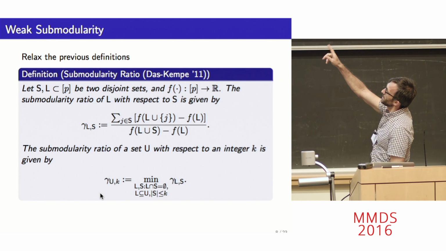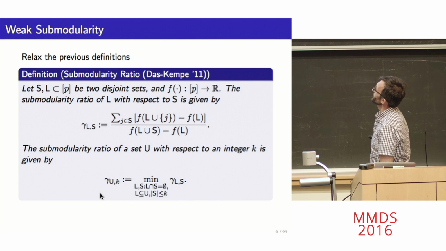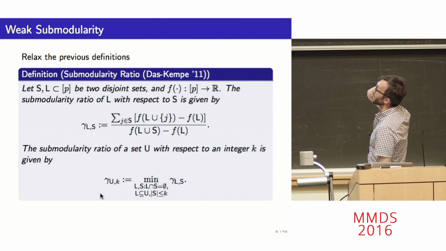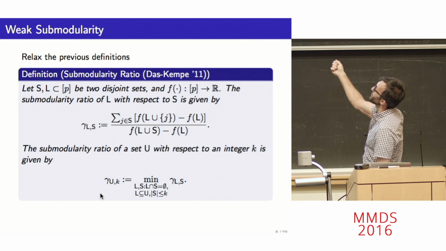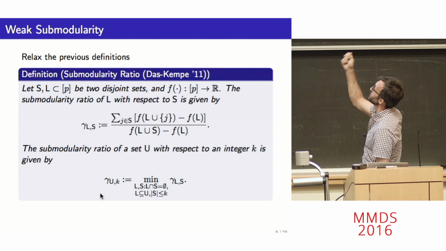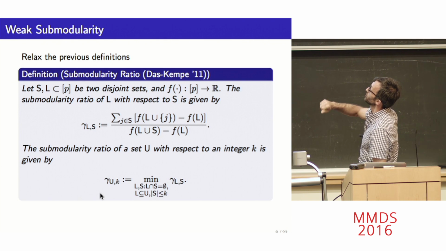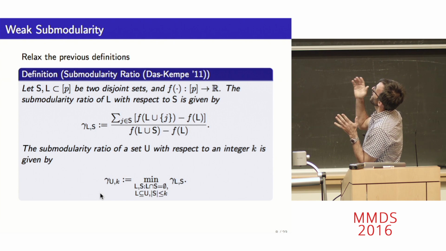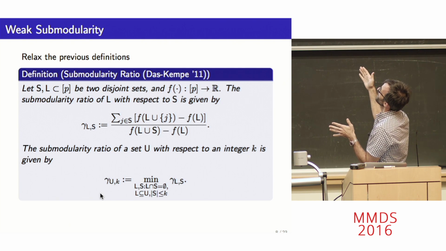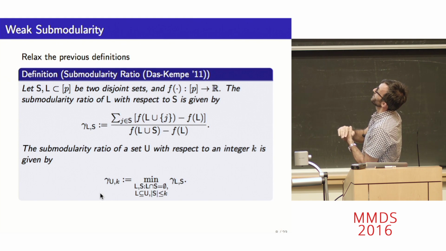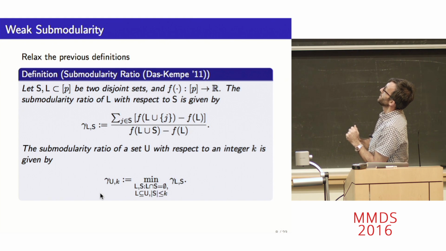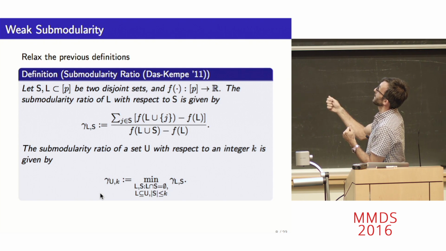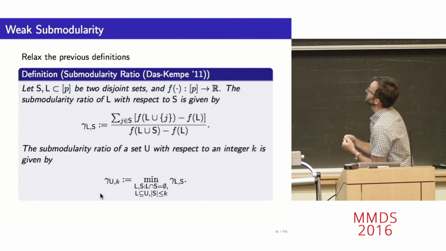If you look at this gamma L comma S, what's written on the top is how much you gain every time you add one element to your set L. So L is, say, elements 1, 2, 3, 4, 5, and S is elements 6, 7, 8, 9, 10. The numerator is looking at the cumulative benefit I get by adding each one of the elements 6, 7, 8, 9, 10, one at a time to L.